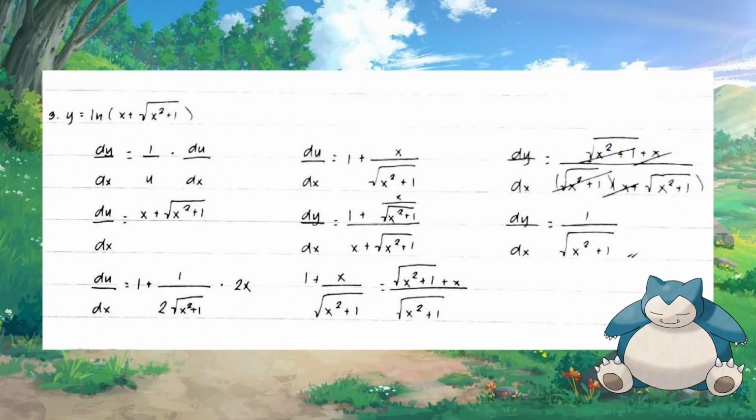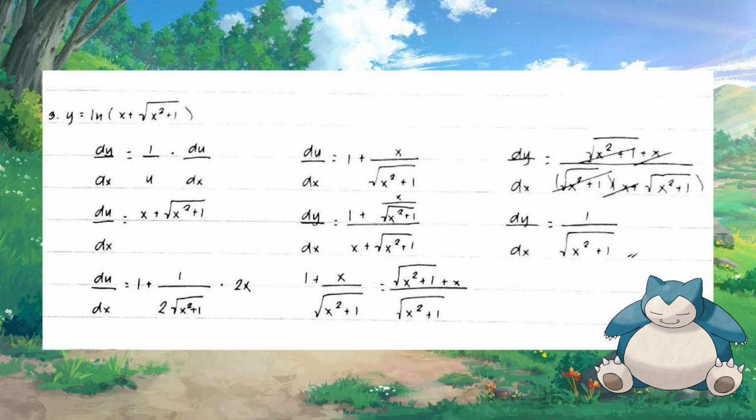Kaya magiging square root of x squared plus 1 plus x all over x squared plus 1 na naka-square root. And then, kapag inayos na natin siya sa fraction, marami siyang magiging same na form, same yung form nila.